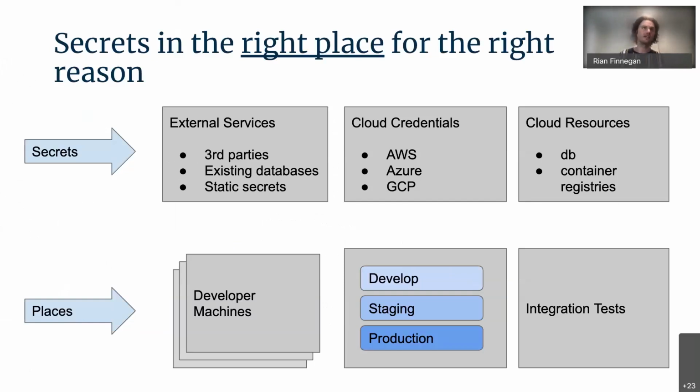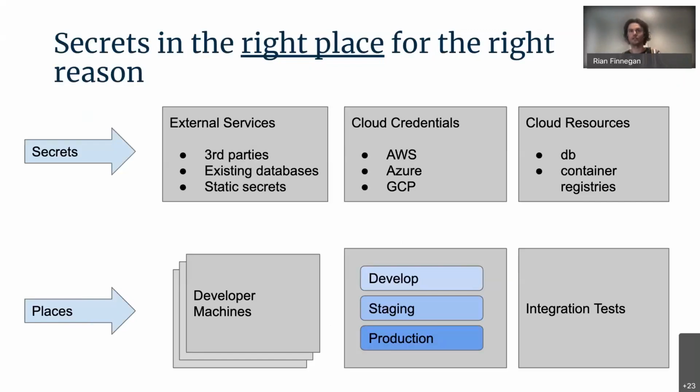We've got an API key that we need. Obviously, you've got your cloud credentials, which are really important. And you've also got secrets for the things that you create in the cloud. So when I create a database, I get a connection string. When I create a container registry, I get an admin password and a login URL.